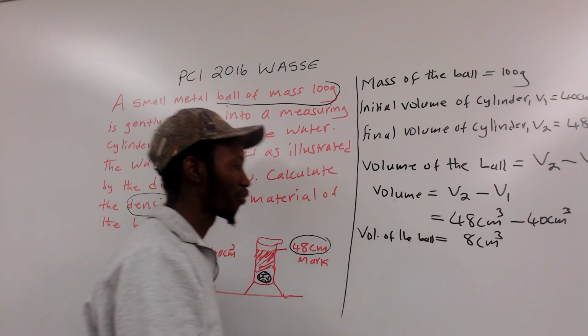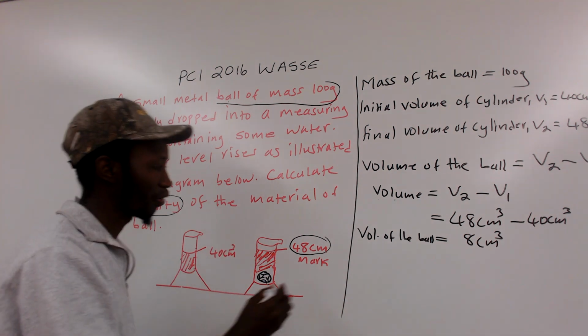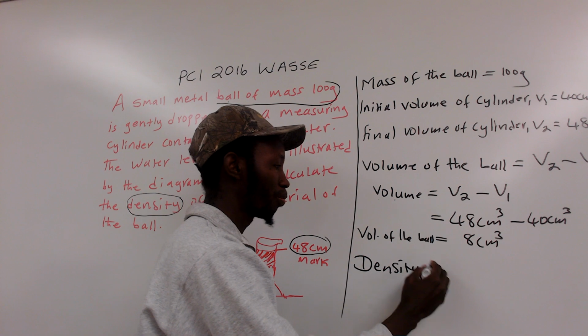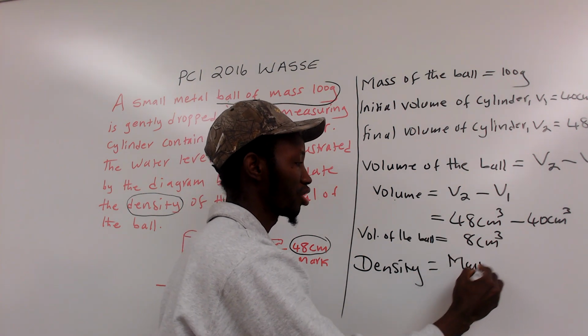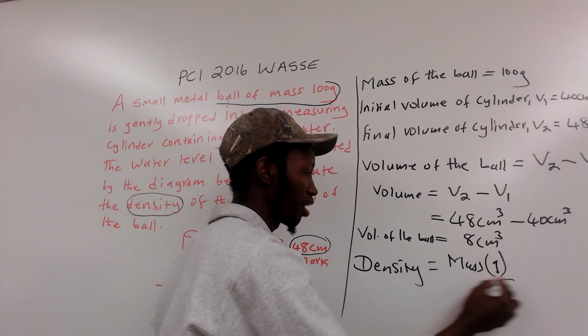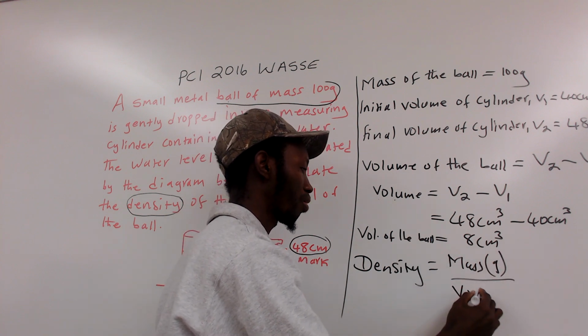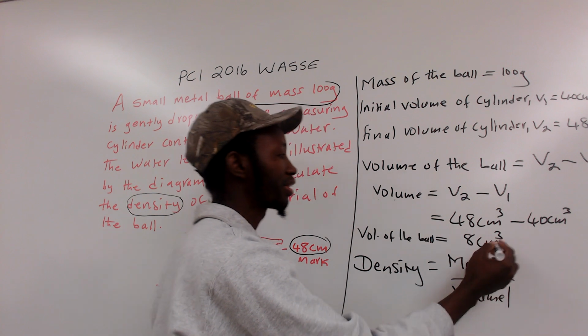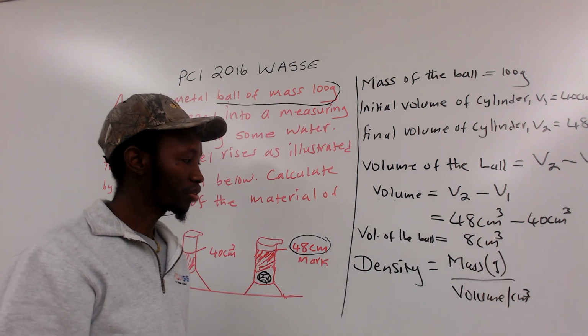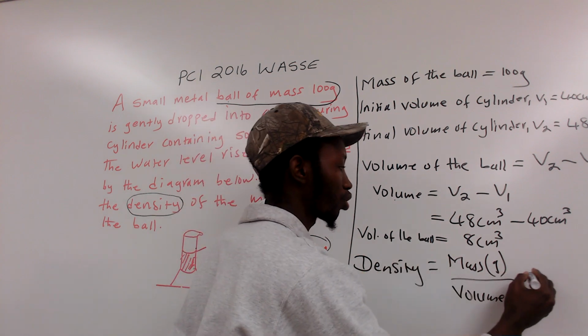Since we have the volume of the ball, but we are required to calculate the density of the ball, we have density to be mass, in grams, divided by the volume, in centimeters cube. So since we are required to calculate the density, what is the mass?